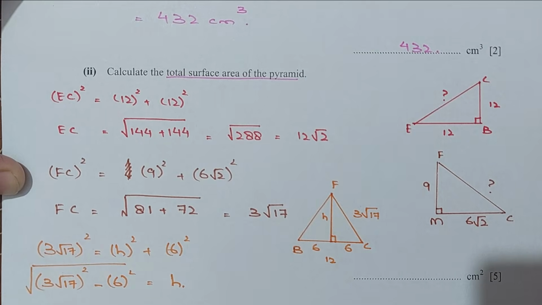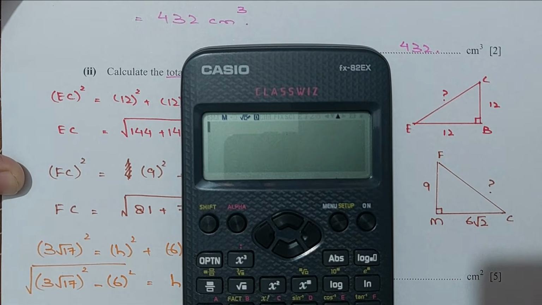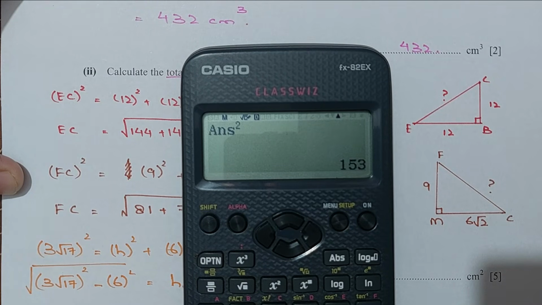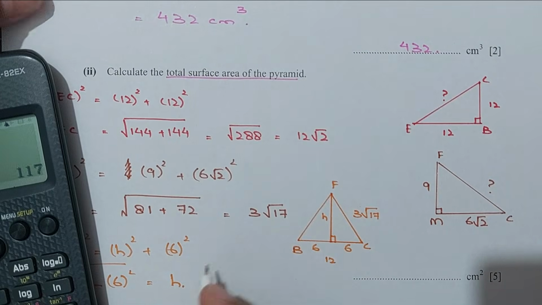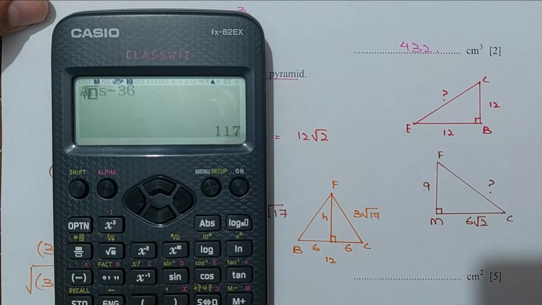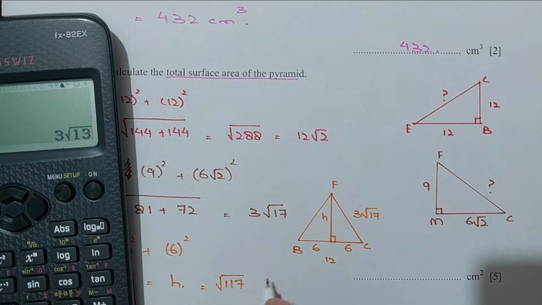Let's work on it. 3 root 17 squared is 153, minus 36, because 6 squared is 36. That is 117. So root 117, take its root: 3 root 13. This would be the height of this triangle.